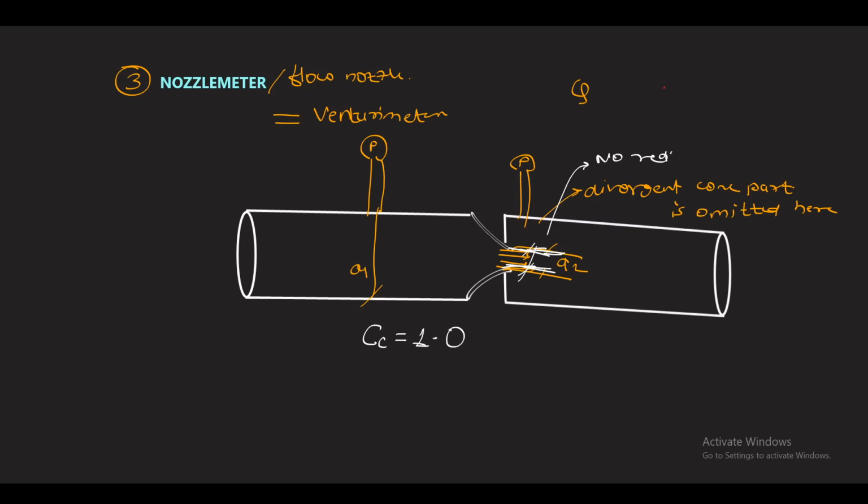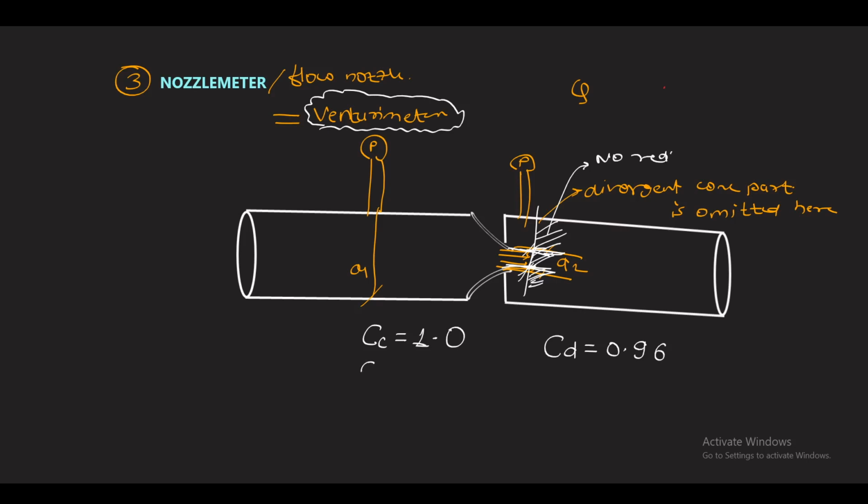And I already said that it is similar to the Venturi meter, and we are not considering the second portion, the portion on the right side. So the value of CD also remains almost the same as that of the Venturi meter. And what is the value? That is 0.96.